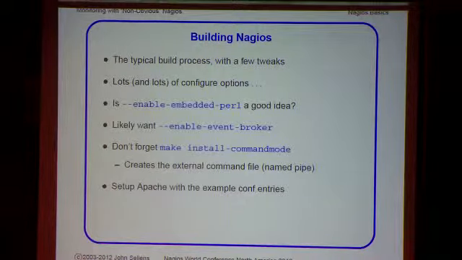But I wanted to mention in particular 2 things. So there's an embedded Perl interpreter that you can have inside the Nagios core. And in the olden days, when machines were slow and there wasn't much memory and it would take Perl a long time to start up, maybe that was a good idea. But now we have much faster CPUs, much more memory.